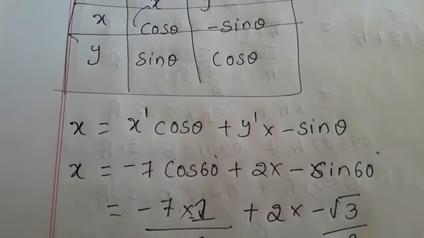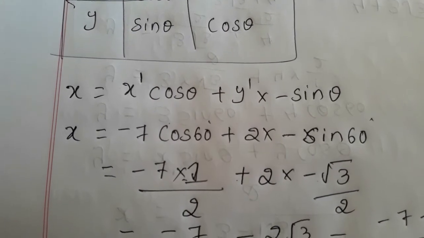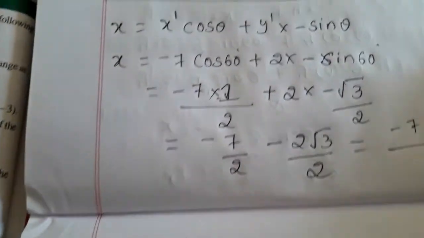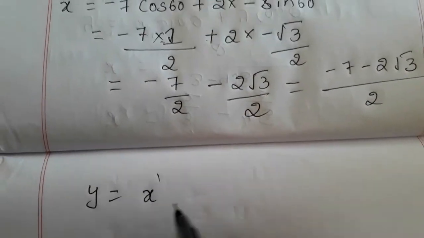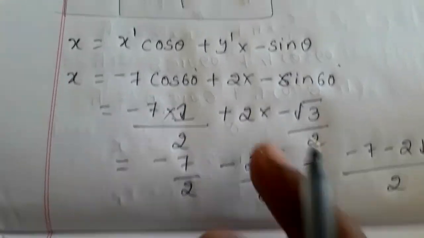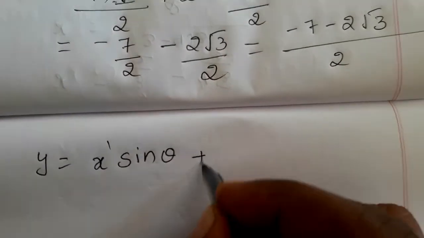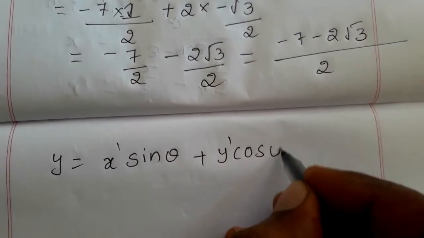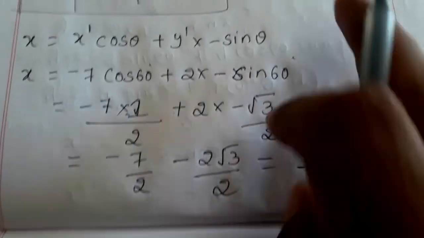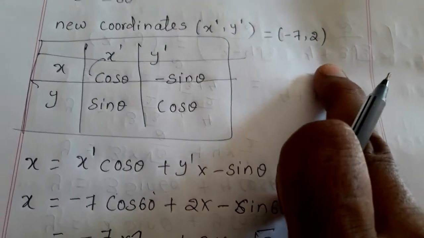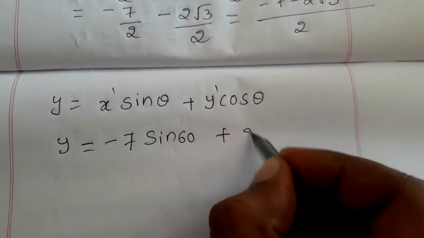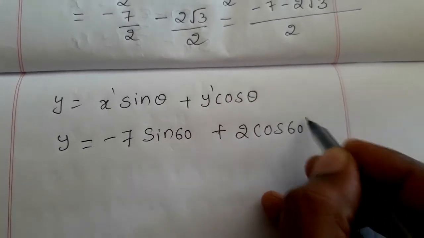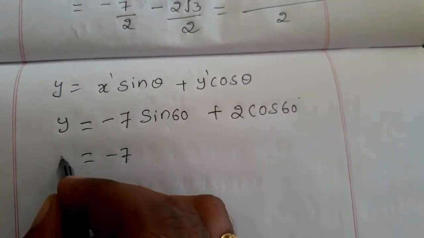Similarly, we have to find the value of y. So y is nothing but x dash into sin theta plus y dash into cos theta. Now substitute the values. Here the x dash is nothing but how much? Minus 7. Y dash is nothing but 2. Theta is 60. So minus 7 into sin 60 plus 2 into cos 60. So minus 7 into sin 60 is how much?